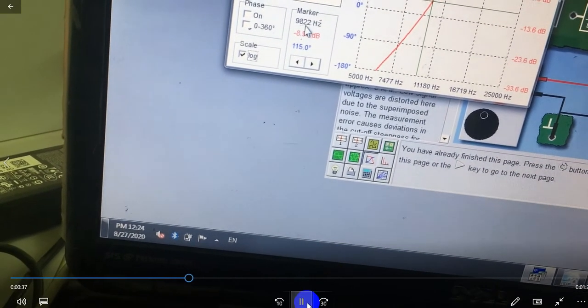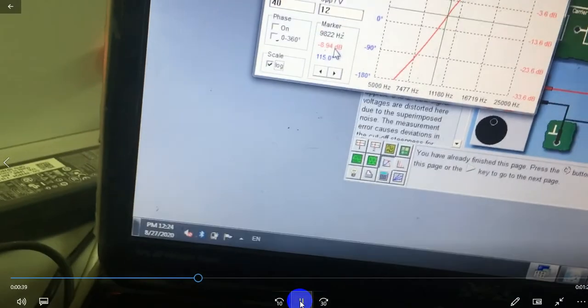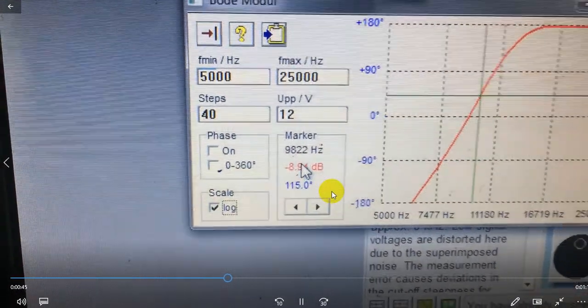Here the frequency is 9822, that is 9.8 kilohertz, and in decibels it is minus 8.94. Just tabulate this value. This is F1 and this is A1, suppose. Let us write this value.